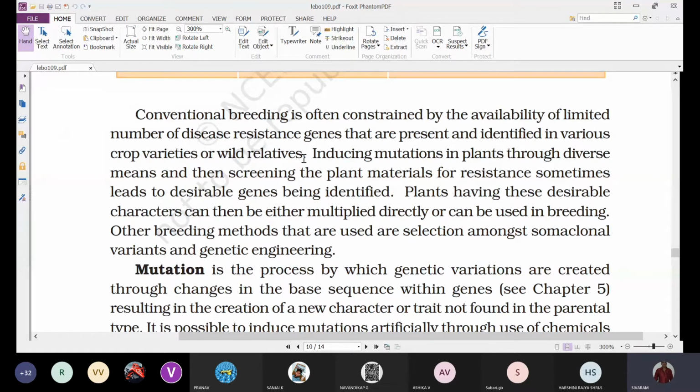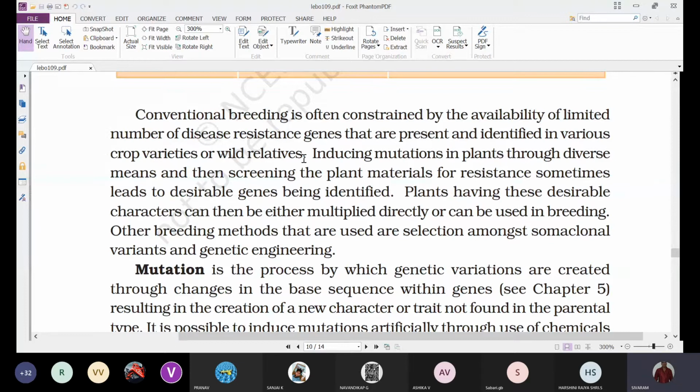We have only a few plant varieties which naturally show disease resistance against certain diseases. We can't find disease resistance against all the diseases. So whichever are available, those genes we can incorporate into the hybrid varieties or new varieties.